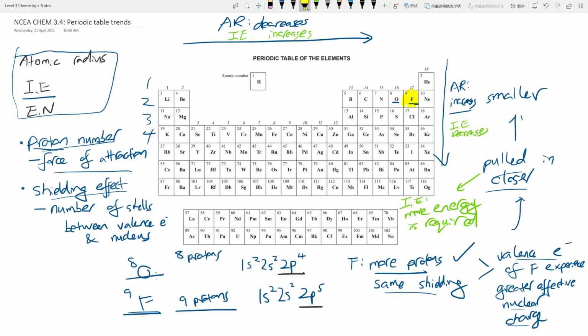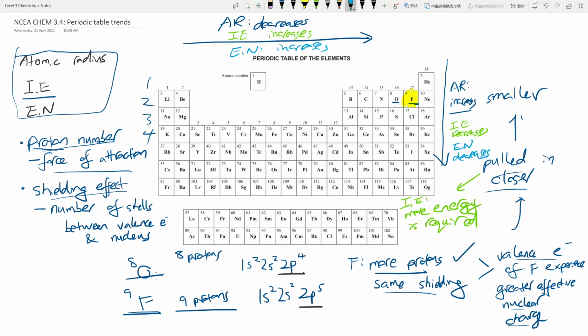So if you're going towards it, the electronegativity increases. Let's use a different color pen. As you're going from left to right across a period, the electronegativity increases, and also it decreases down the group. So it's the same as your ionization energy trend. Okay, because what is electronegativity?